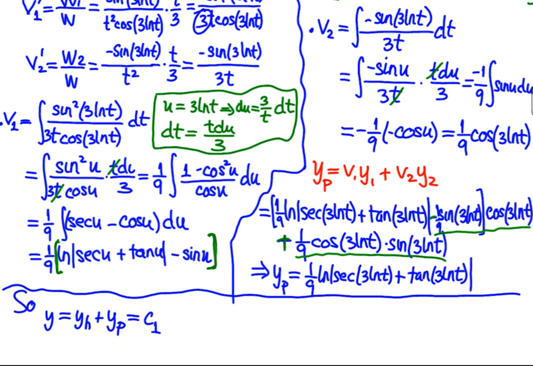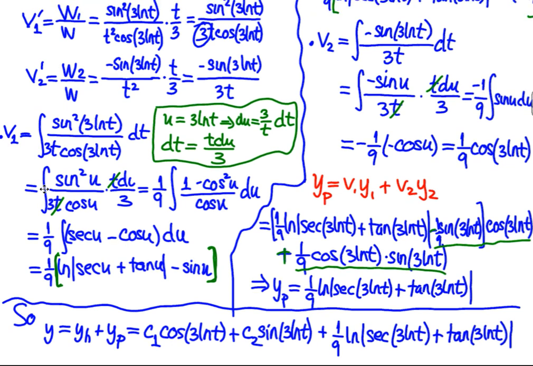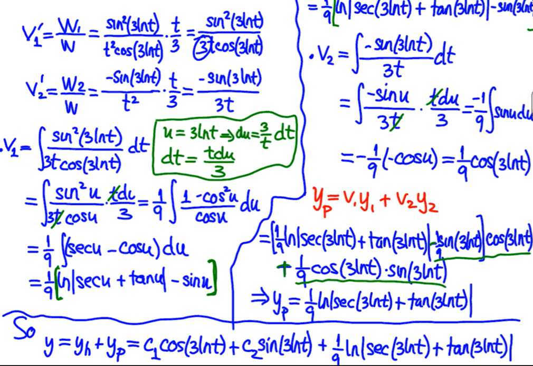The homogeneous solution is C1 cosine 3 ln t plus C2 sine 3 ln t, and then the particular solution, which is 1 over 9 ln of secant 3 ln t plus tangent of 3 ln t. And that's what we have for this problem.